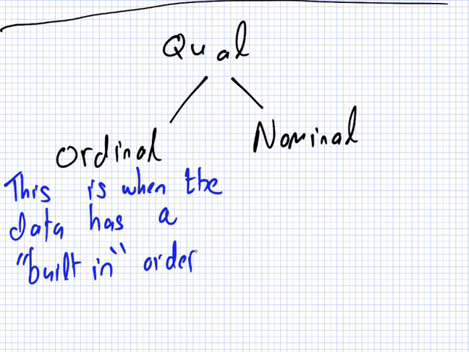It has a natural order to it. So if I said to you gold, silver and bronze, which colour is the greatest? Gold. But we just said a moment ago that colours, you can't say how brown something is. So why did you say gold is the greatest of the three?